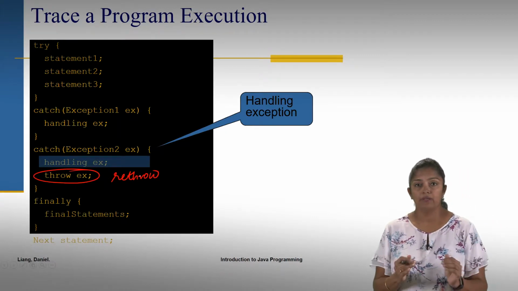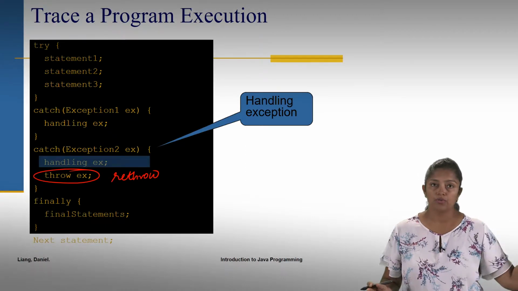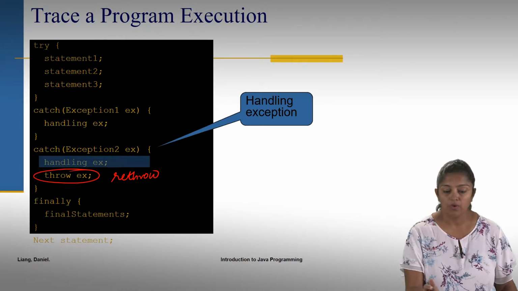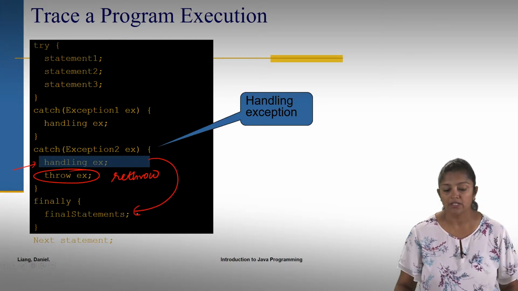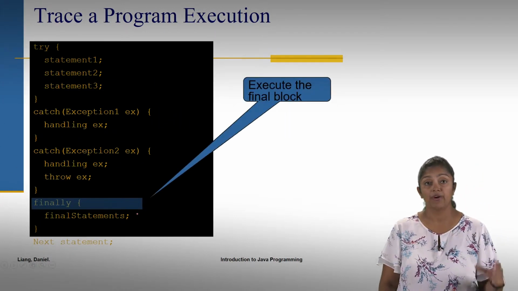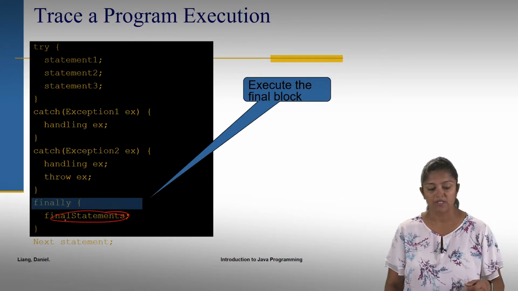But then the moment we rethrow the object, the control goes to the caller. So what happens here is it will execute handling EX, and then it gets to the finally block, and then it executes all of the finally statements.